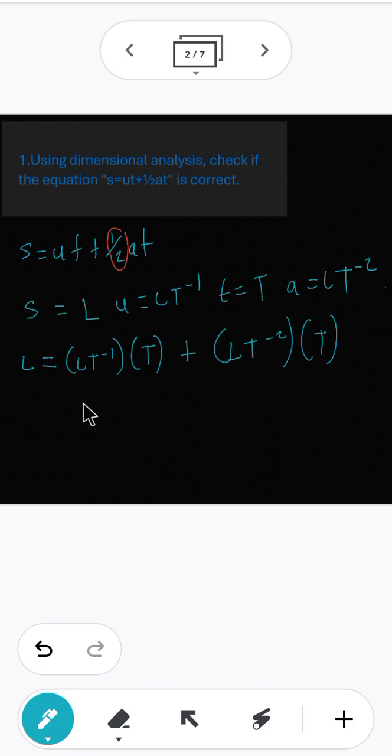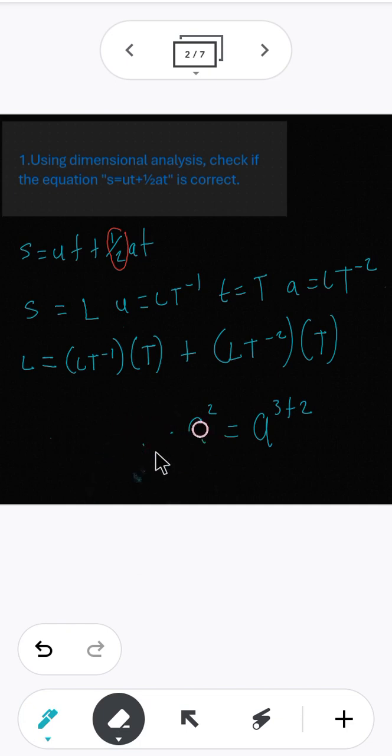So remember your indices. According to indices, when you have A3 multiplied by A2, this gives A3 plus 2. Understand? When you have two things multiplying, you add the powers. If it is division, you subtract, understand?